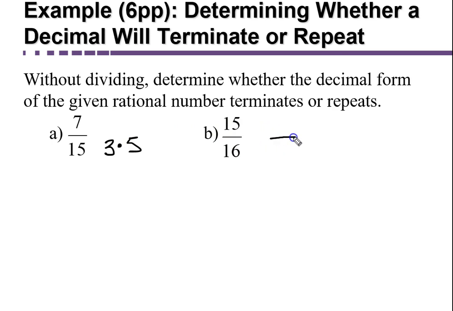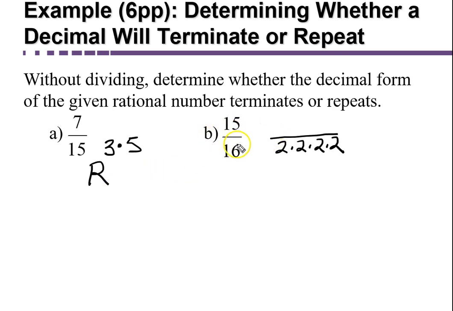Well, 16 is 2 times 2 times 2 times 2. Now, is this one going to repeat or terminate? Well, it has a 5, but it also has a 3. So in its simplified form, this one will repeat.